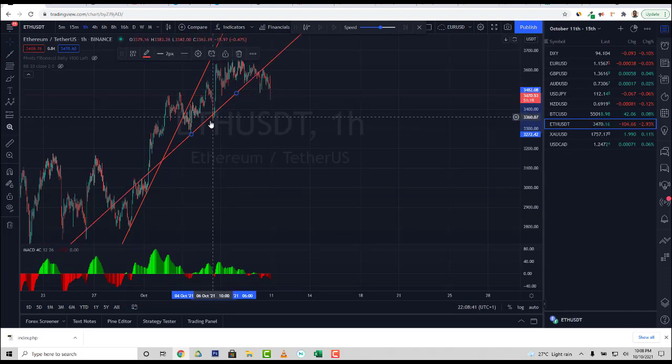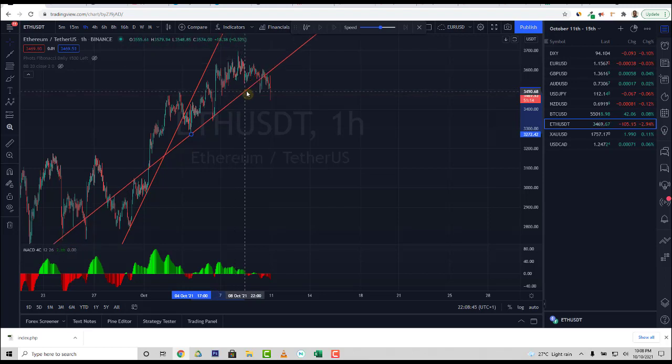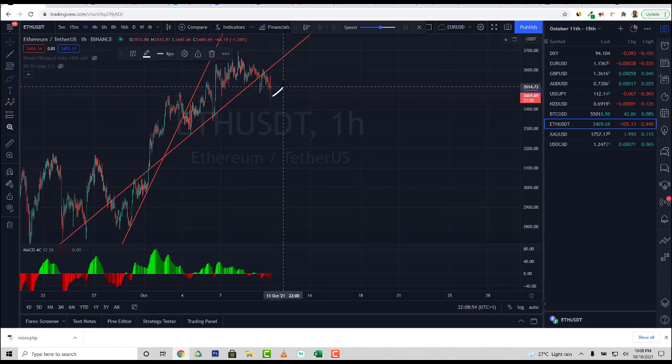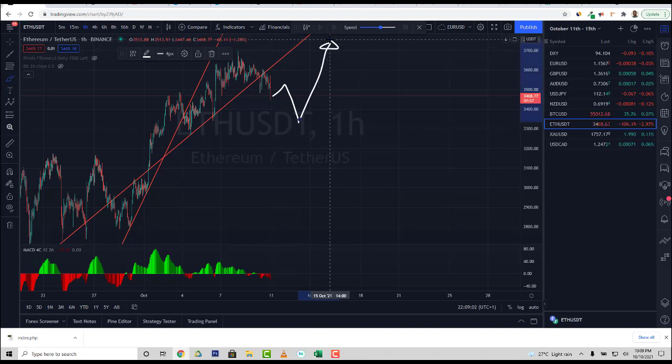Okay, so I think Ethereum is not done yet going down. I believe Ethereum is still gonna go down a little bit. So we're gonna see in Ethereum a little bit upward movement and then a little bit down before any bigger move to the upside. So this is my expectations for the week.